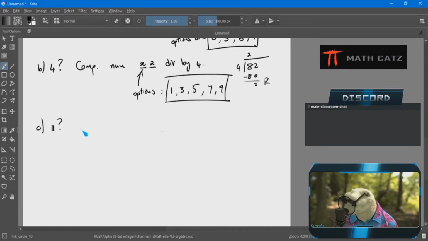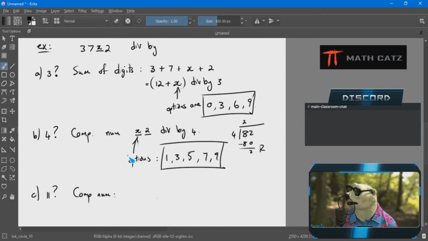For 11, my comparison number that I should be looking at, what were the digits? 3, 7, something, 2. Right to left, 2 minus x plus 7 minus 3. Simplify that to get 2 plus 7 is 9, minus 3 is 6, minus x.